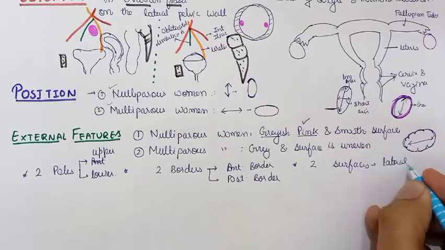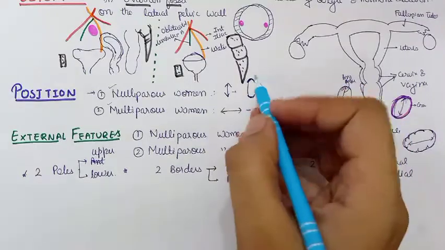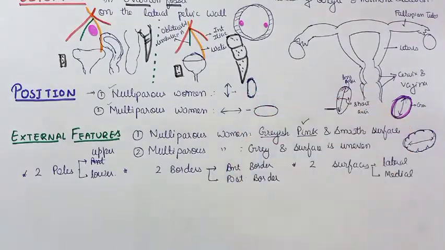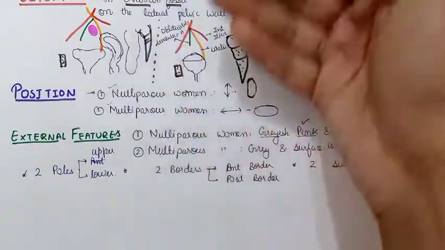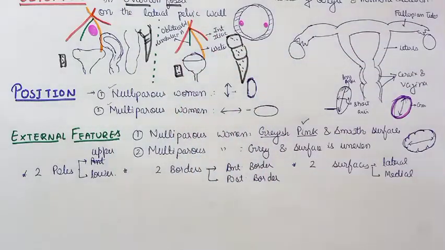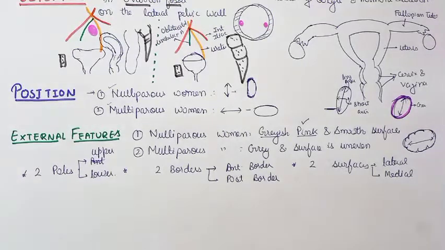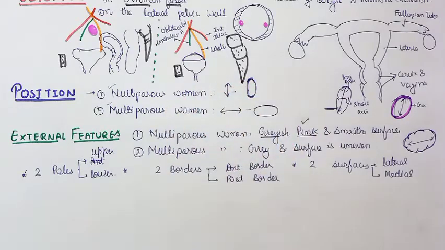This diagram we will be discussing in the next video, when we will be discussing the relations of the ovary. We have 2 relations of the ovary, peritoneal relations and visceral relations.